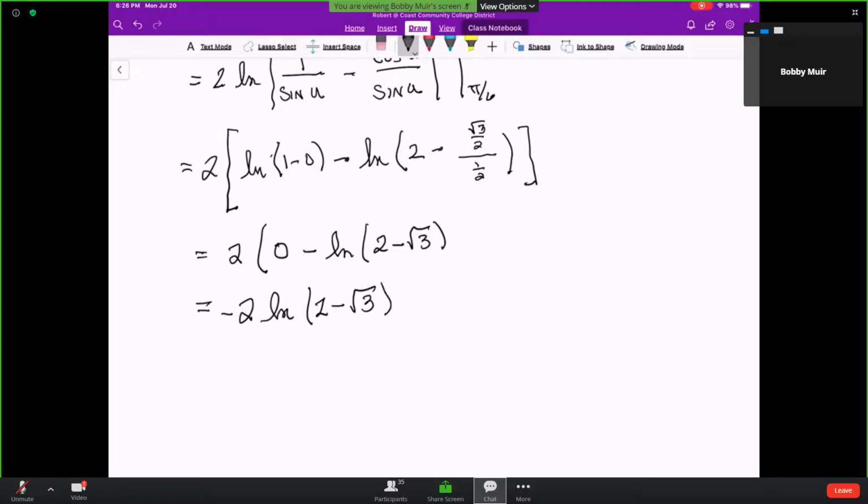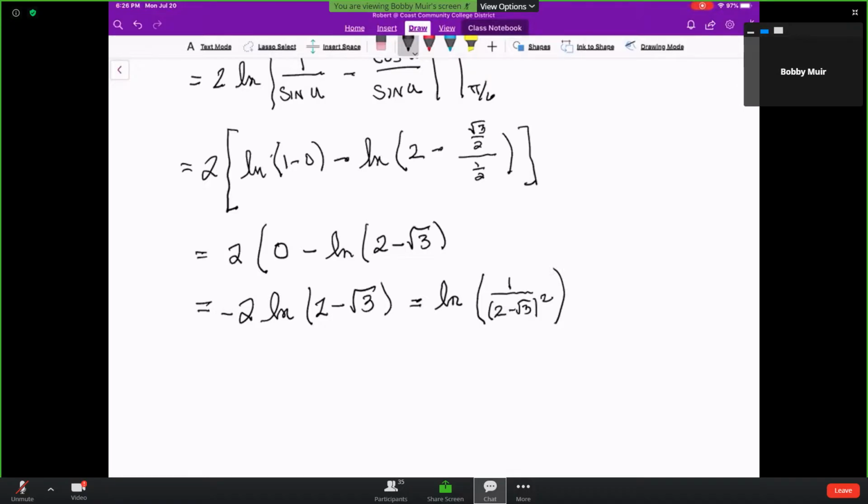Okay, now when I did this, I realized I'm trying to find a length here, and it looks like my answer might be negative. But 2 is larger than the square root of 3, okay? So this is one way to write the answer. Another way would be the natural log of 1 over 2 minus radical 3, squared.